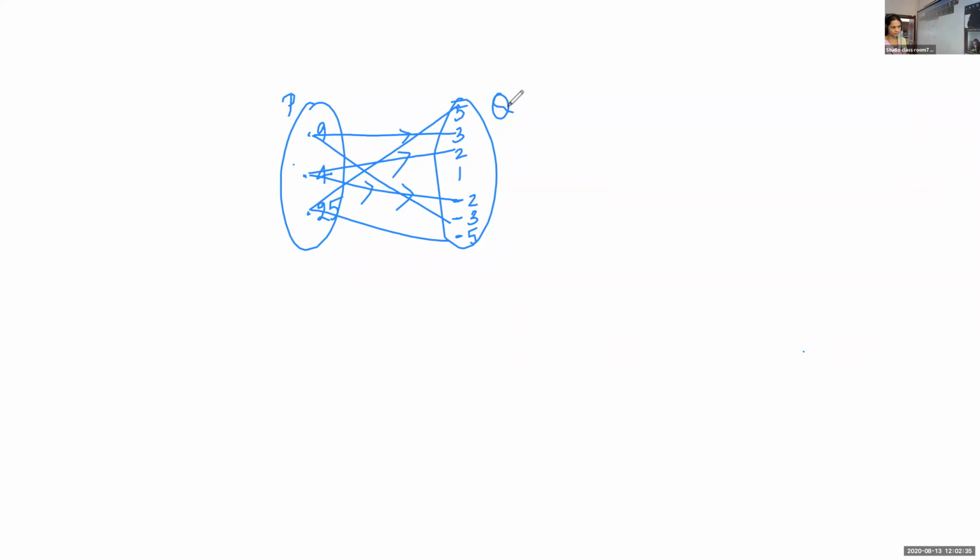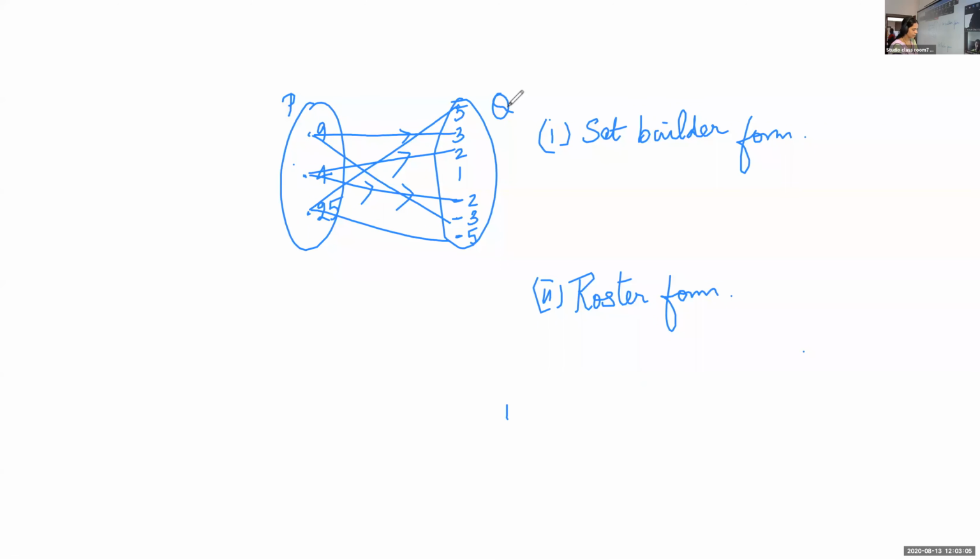From the following figure, write the relation in: first, set builder form; second, roster form; third, give the domain and range. This is the domain, this is range. Give the domain and range.